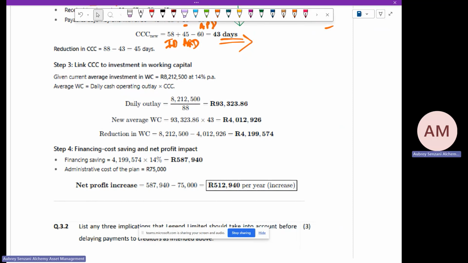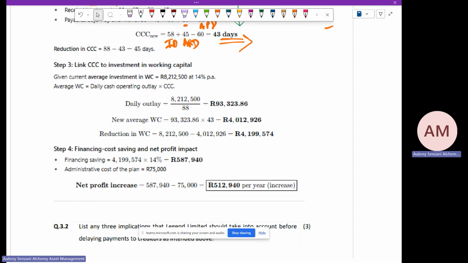So daily we are spending how much? 93,000 and some change. The new average is 43 days where we're going to need to invest in our working capital. And so that brings us to 4 million that we're going to spend if we manage to reduce our cash conversion cycle period, isn't it?